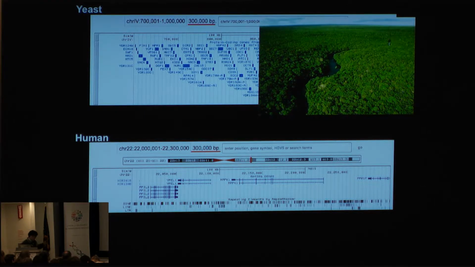And then in the bottom part here, instead of having many genes, we have many retrotransposon sequences. They are derived from virus genes that jumped into the human genome during the long evolutionary time.